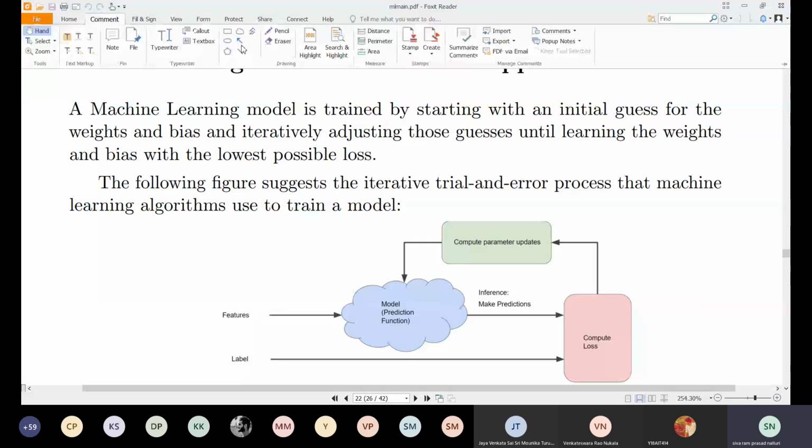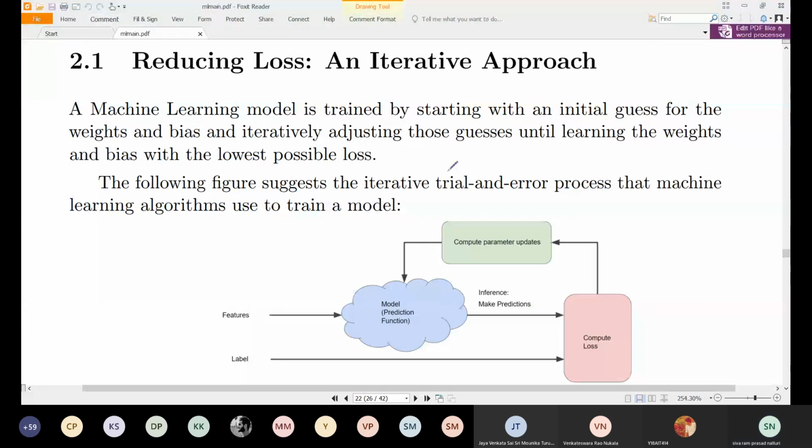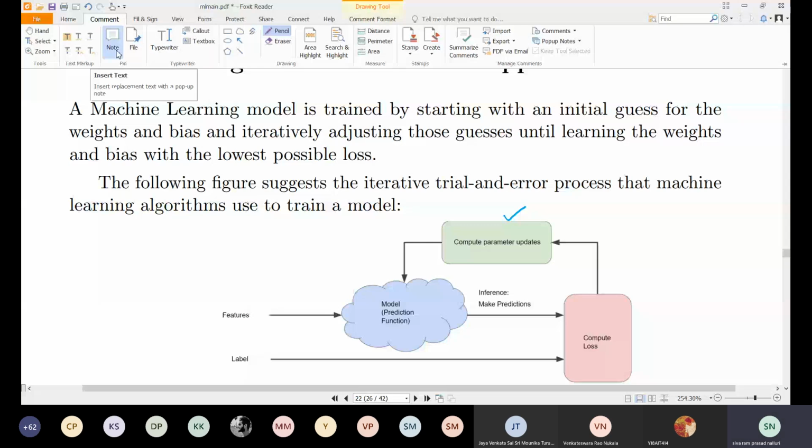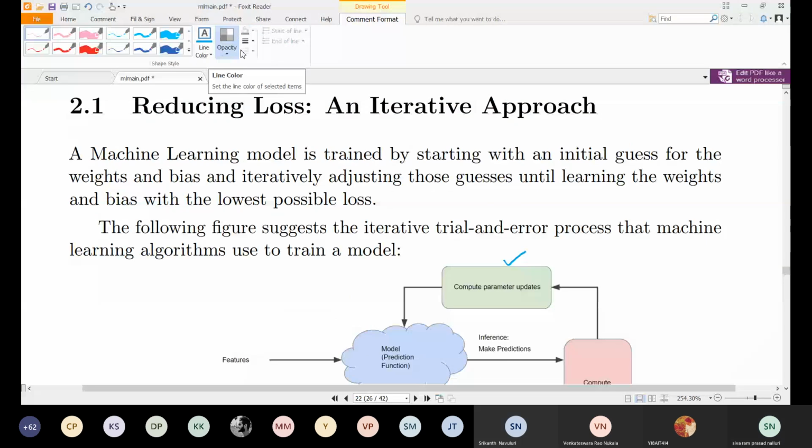So we learned how to, our focus is mainly on this module, how to reduce the total loss of the model. That is our main approach.